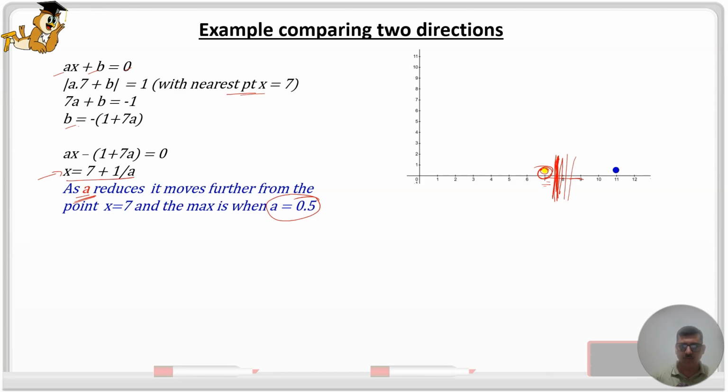Clearly from this equation over here, as the value of a reduces, the value of x starts increasing. That means this hyperplane starts moving towards the right. The distance from that point starts increasing. And the maximum distance is accomplished when a becomes equal to 0.5. Now, why cannot I make a equal to 0.4 or 0.1? You can stop the video and answer that question.